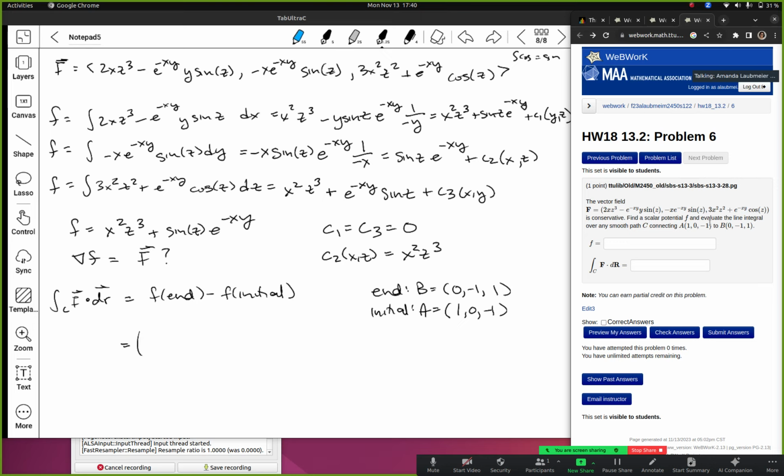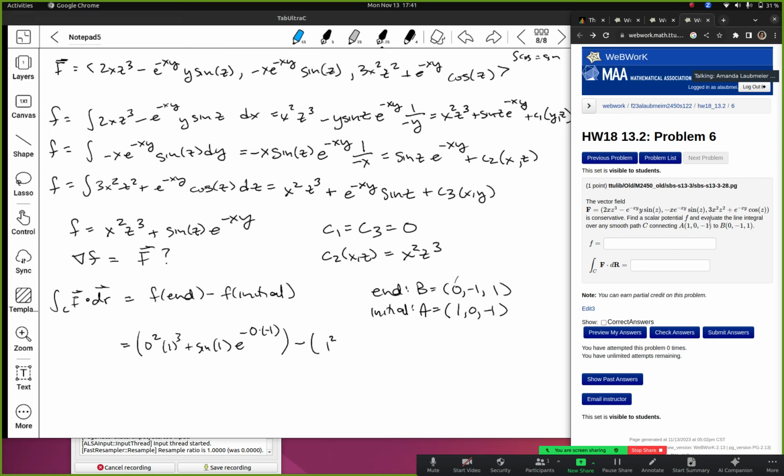At the end point, x is 0. So I've got 0 squared, z cubed, z is 1. And then e to minus x is 0 and y is minus 1. And then at my starting point, x is 1, so that's going to be 1 squared.